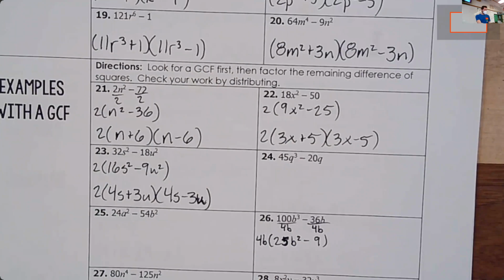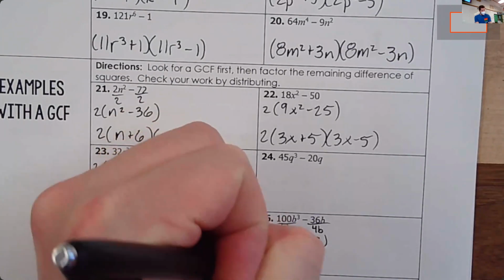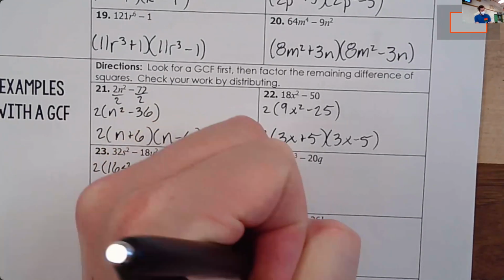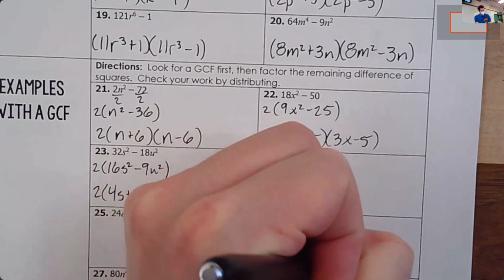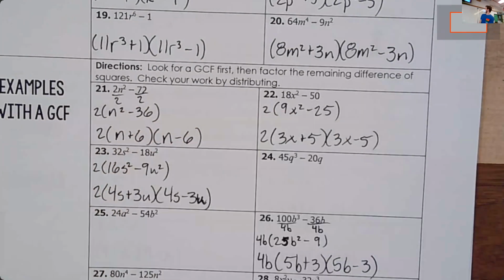So we could have just factored this as a difference of squares and gotten, well, we would have had to factor out b first, but it would have been 10b plus 6 and 10b minus 6. But that's not factored completely. Factoring completely means you factor out as much as you possibly can, which is what we're doing here with 4b. So then we're going to get 4b, and that'll be 5b plus 3 and 5b minus 3 for our difference of squares.